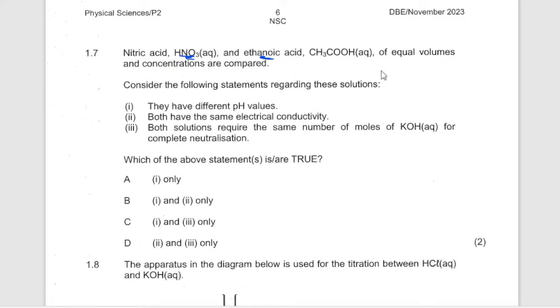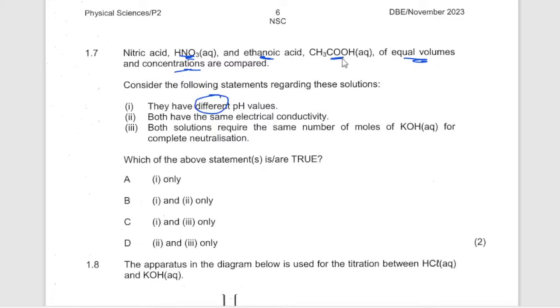Yes, so you compare the volume, they have equal volume, and the concentrations are equal too. Consider the following statements regarding these two solutions. And what are they saying? That they have the same pH. They have different pH. They can't have the same pH.